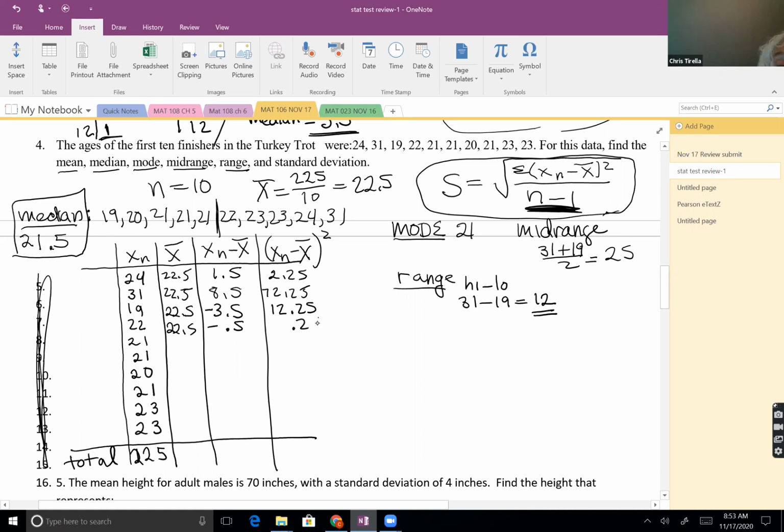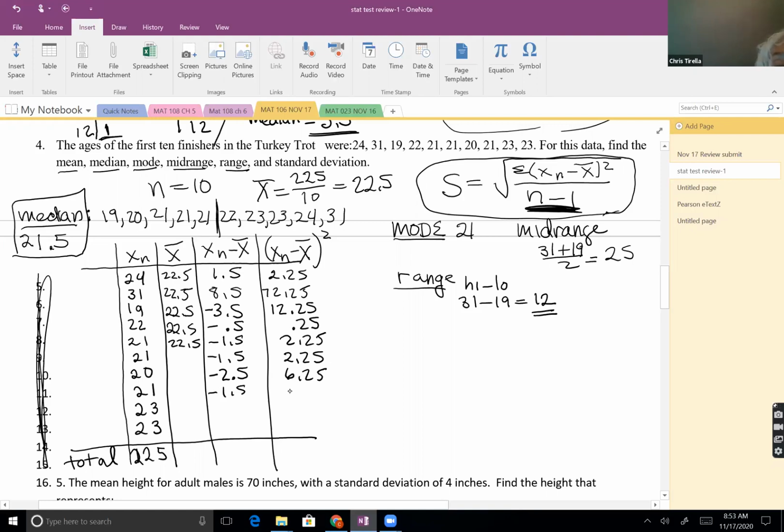When I square it, I get positive 0.25. 21 minus 22.5 would be negative 1.5. Squared is my 2.25. Next one is also negative 1.5, squares to 2.25. 20 minus 22.5 is negative 2.5. And when I take that and square it, I get 6.25.